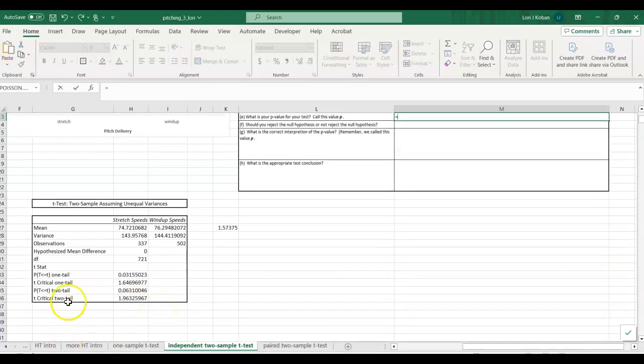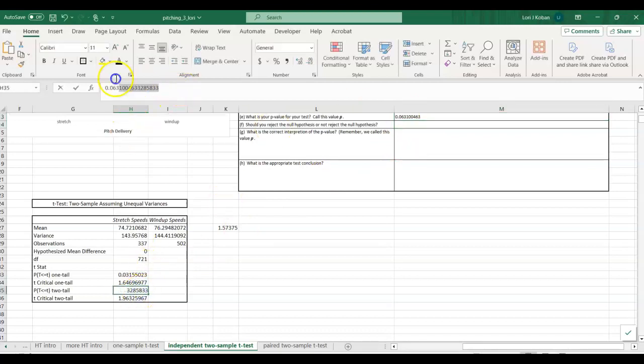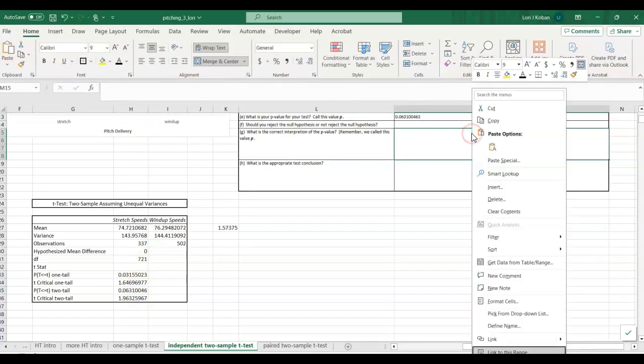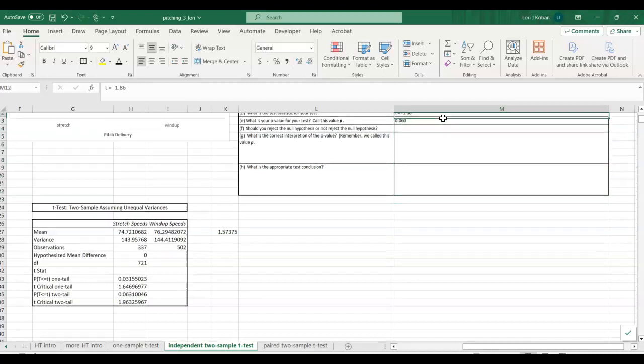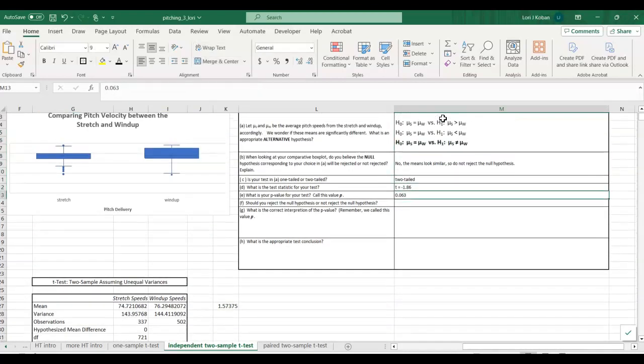We are doing a two-tailed test. So there's our p-value, about 6.3%. I like to highlight that and stick it in here, because then I can go up and get rid of all those decimal points. Should we reject it? Well, we reject if that p-value is less than 5%, and it's not. No. Do not reject the null hypothesis.